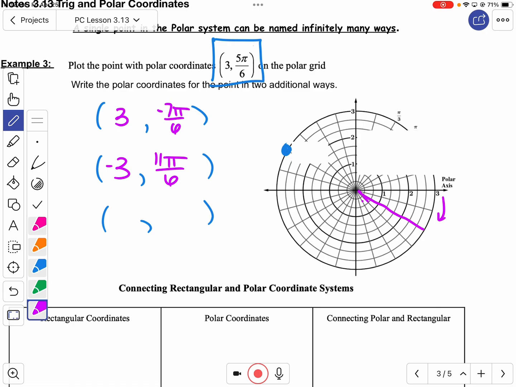Anybody else got something? You could do 17 pi over 6. We could wrap around the whole unit circle again. So you could do 17 pi over 6 and still use a positive radius.